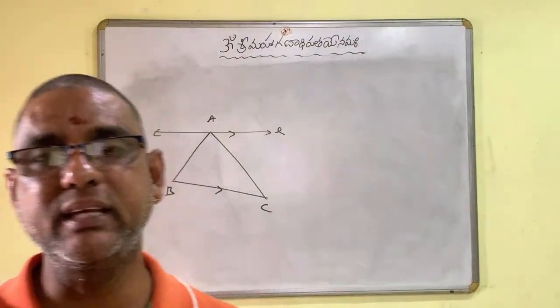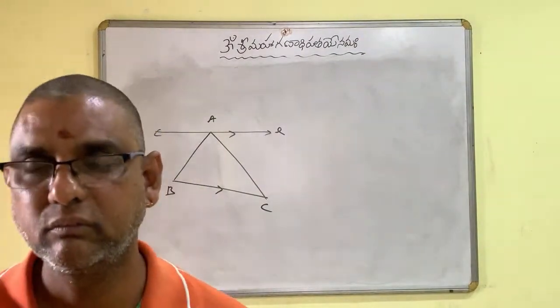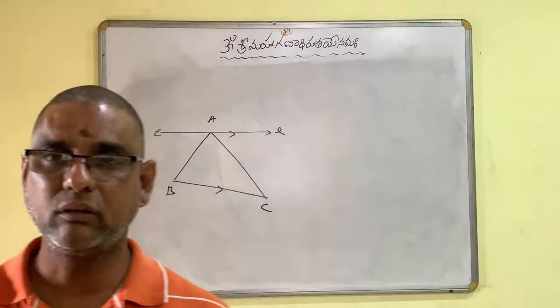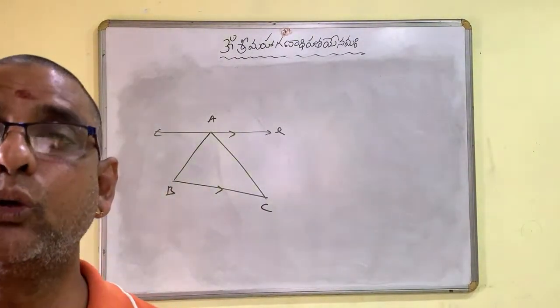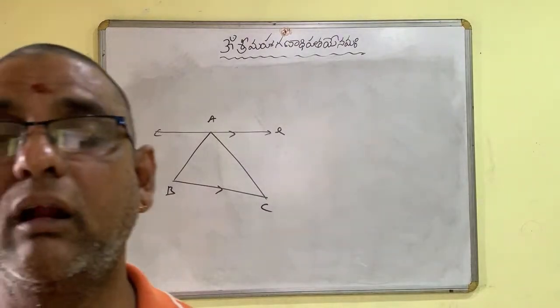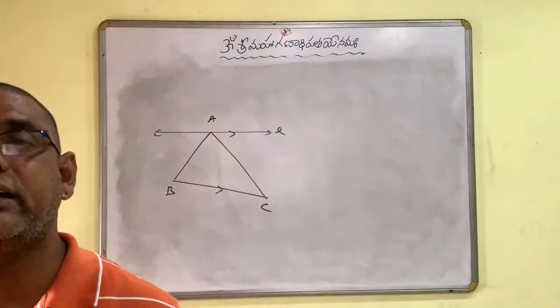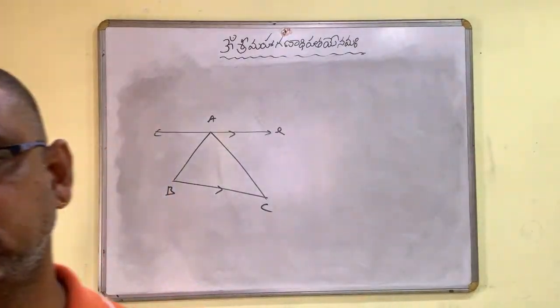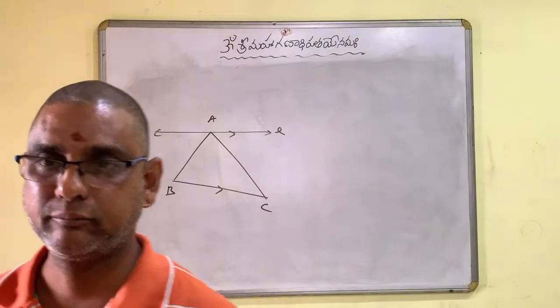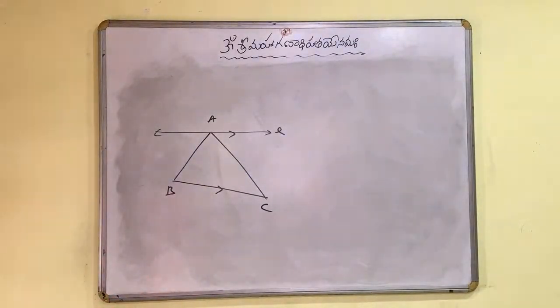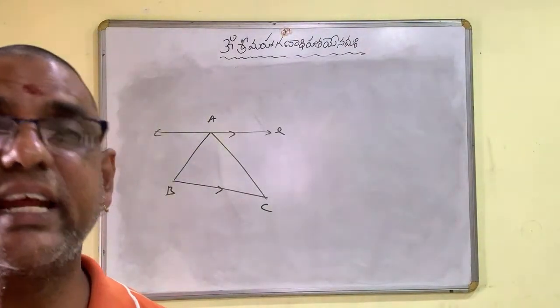In order to apply basic proportionality theorem, we need to draw a line L intersecting two sides of the triangle, not at one point, but at 2 points. At distinct points.